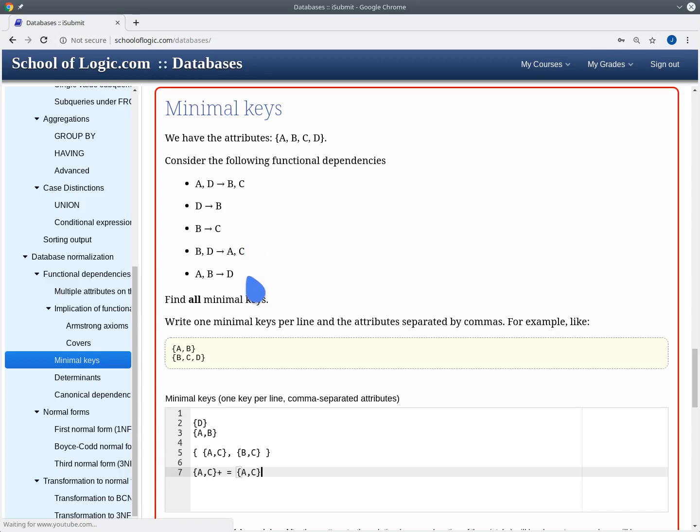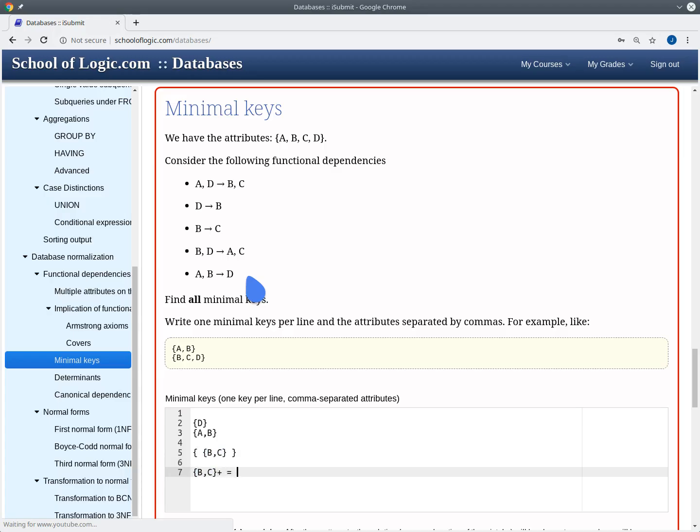So the cover of AC is just AC, meaning that we have to extend AC with all of the attributes that are not in the cover, so with B and with D. However, we can immediately throw the extension with D away because this contains a minimal key, D. Likewise, we can throw ABC away because it contains the minimal key, AB. Okay. So we have only one candidate left, BC.